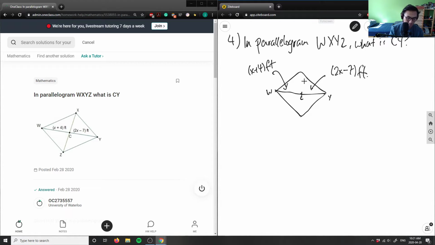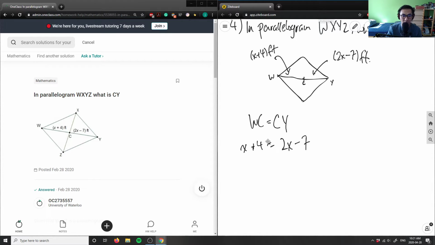So if I say that WC equals CY, then I can make the expression x plus 4 equals 2x minus 7. What I can do is rearrange this for x and sub x back into our equation.